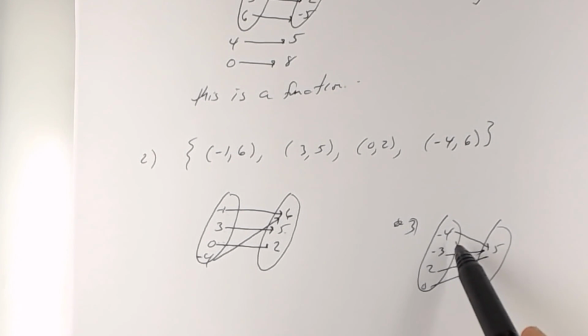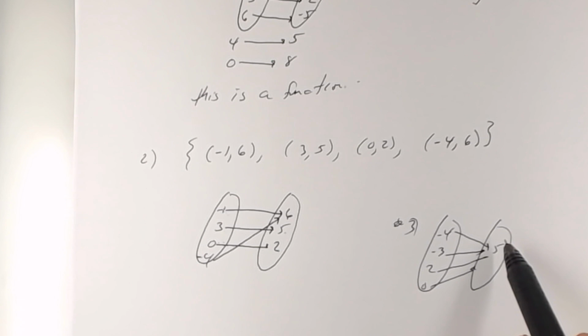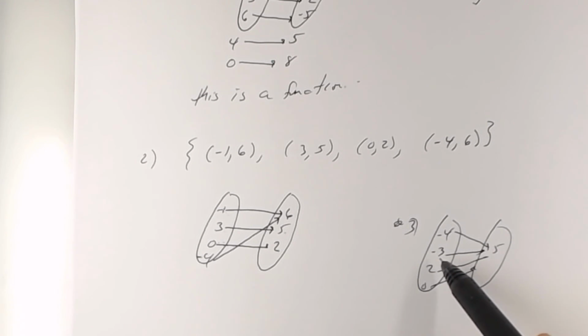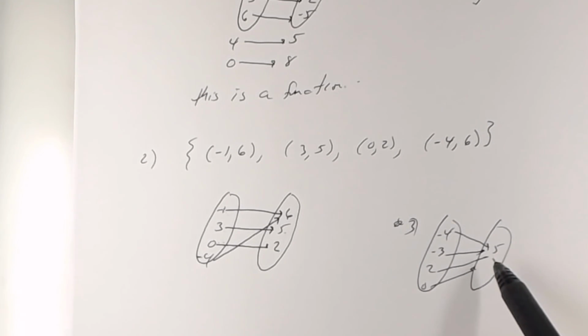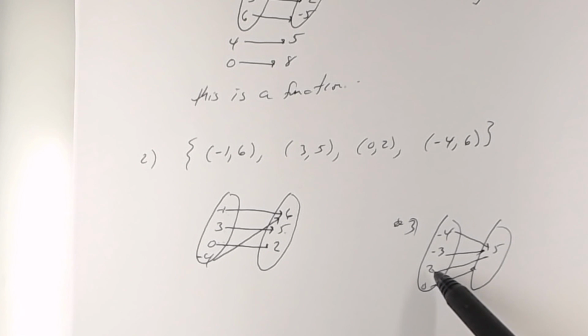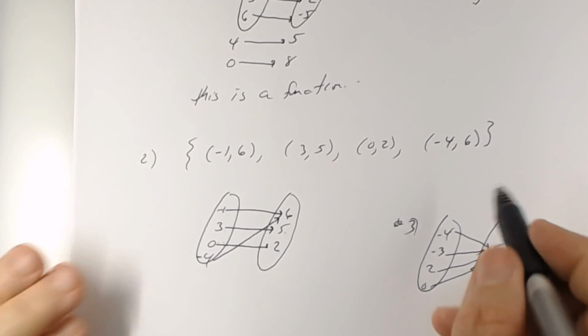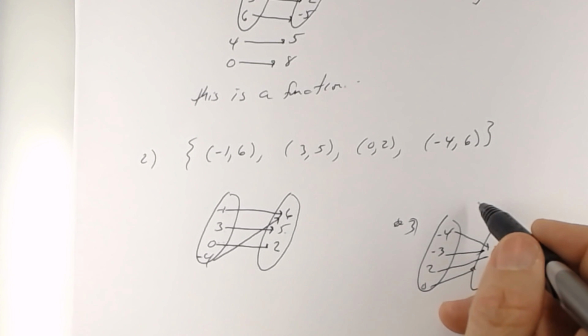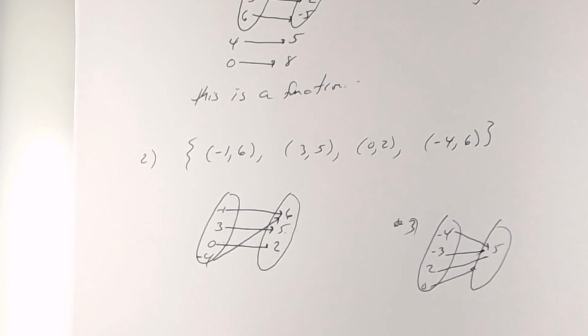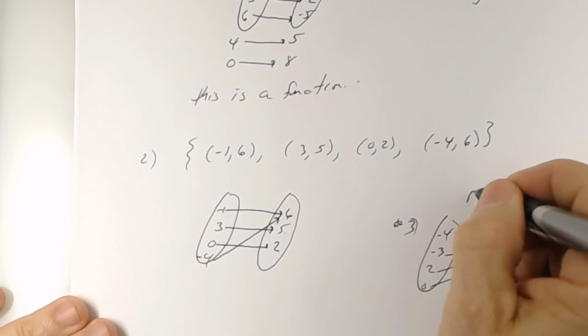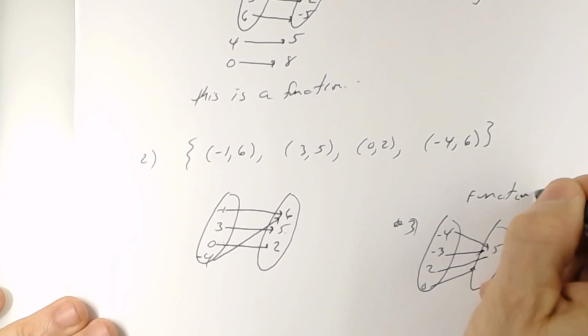So when x is -4, there's only 1 y. What is it? 5. When x is -3, there's only 1 y. What is it? 5. When x is 2, there's only 1 y coordinate. What is it? 5. When x is 0, there's only 1 y coordinate. What is it? 5. Hold on, we're getting to that point. So these are all functions, right?